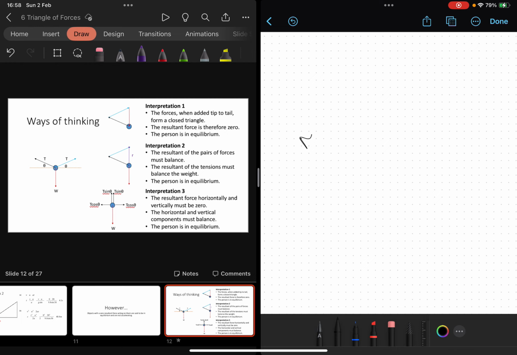If we draw the pair of forces tip to tail. Now, pairs of forces generally mean the same type of force. So in this case, the two tensions, I've drawn those tip to tail. Okay, what we know is that the resultant of those must equal the weight.